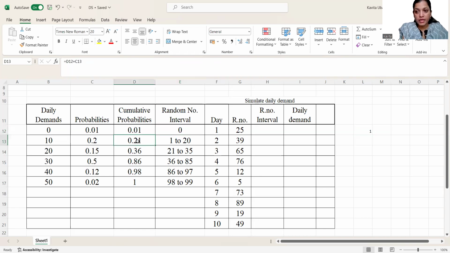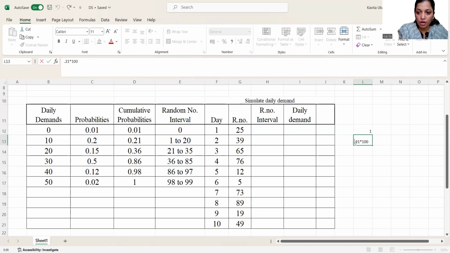Then the second cumulative probability is 0.21, multiplied by 100. Just a minute, I'm showing this calculation here on your screen on this Excel sheet. You can see that 0.21 multiplied by 100 will be your answer.